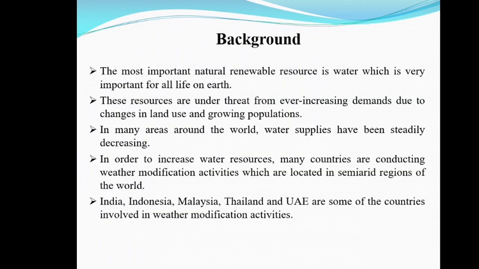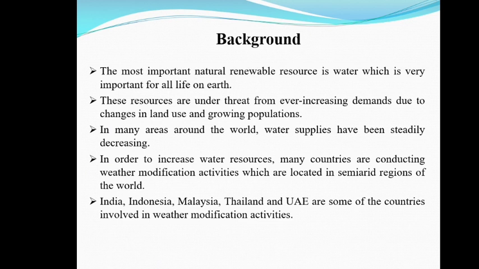Before we can understand what cloud seeding is, we must first understand why it is used or exists. We know water is the most important natural renewable resource on earth. It is under threat from ever increasing demand due to change in land use and growing population.